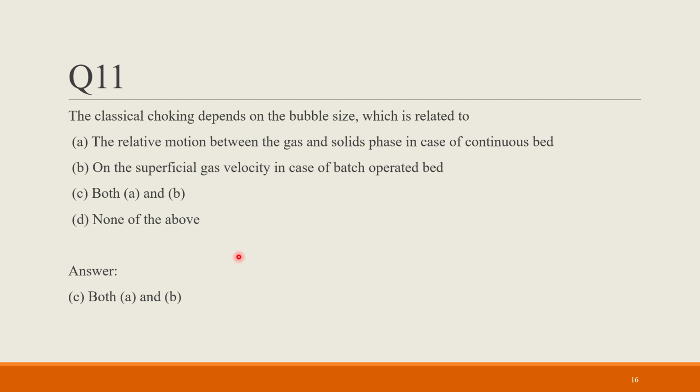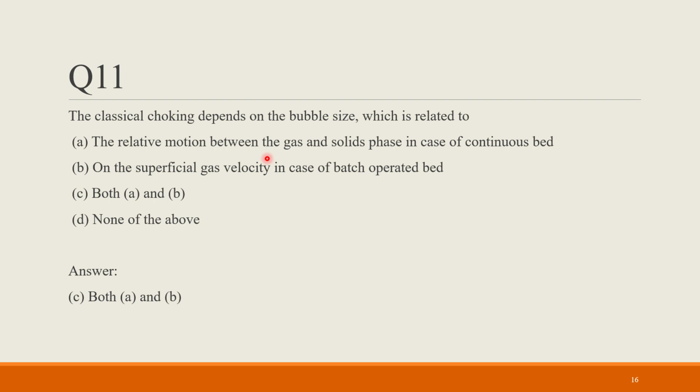We'll go to question 11. The classical choking depends on bubble size, which is related to relative motion between gas and solid phase in case of continuous bed, or on superficial gas velocity in case of batch operated bed. Both A and B, or none of the above. So when does classical choking happen?